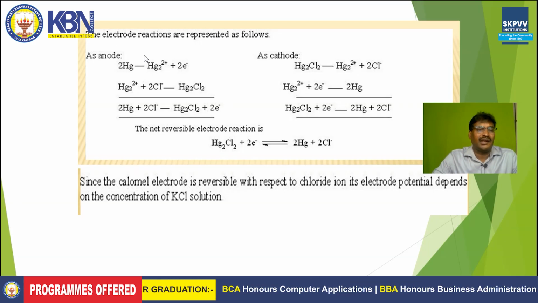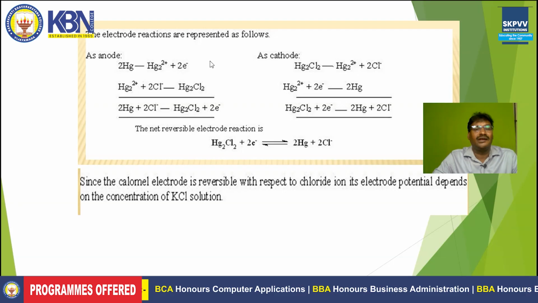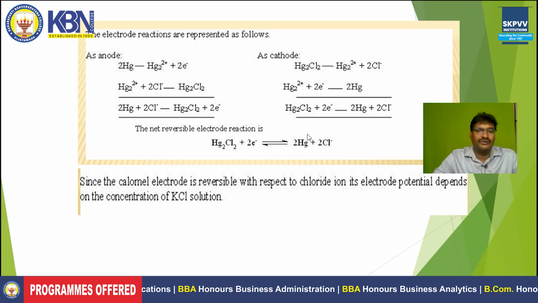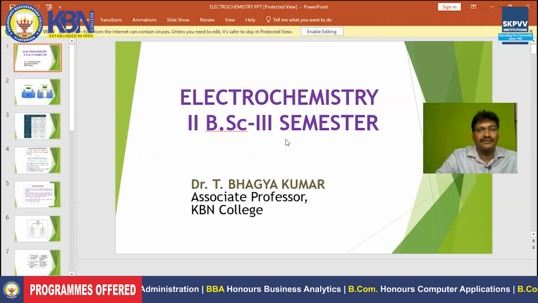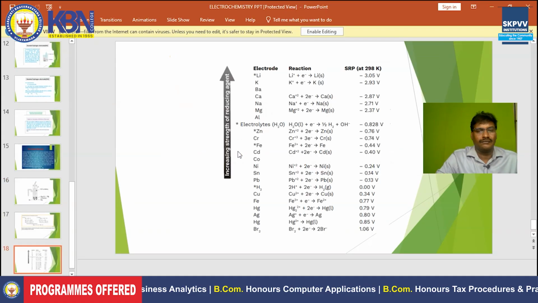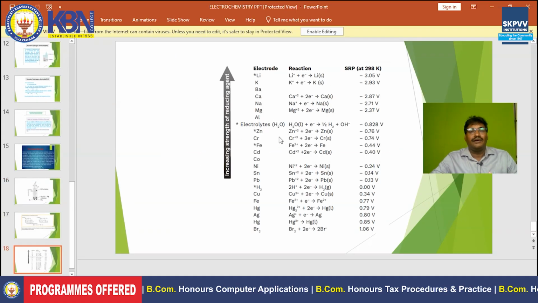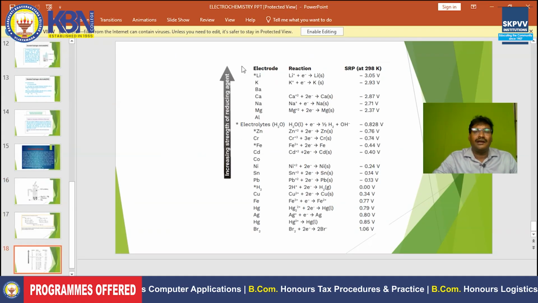The reactions at the anode, the reactions at the cathode: here is the source of electrons, here is the gain of electrons. Therefore, here are the electrode potential values. These are the metal electrode potential values, the standard reduction potentials at 298 Kelvin, standard conditions.